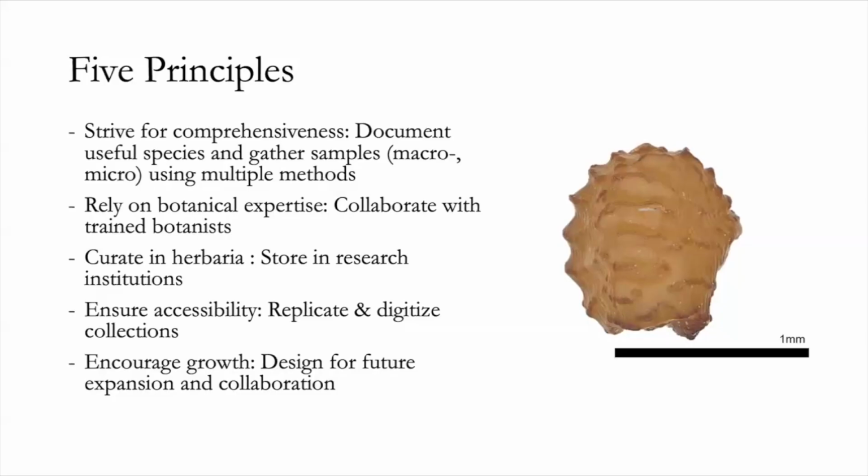And on this slide, you can see a seed that we photographed, and the genus is Dactyloctenium, and it is a small grass seed that is consumed in much of East Africa, but it's very small and very hard to process. And so it's typically reported as something that people only eat during times of food stress.